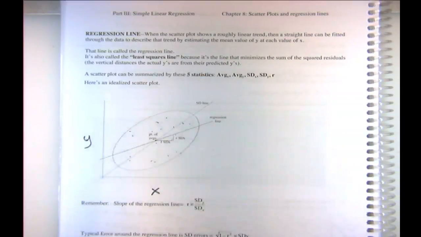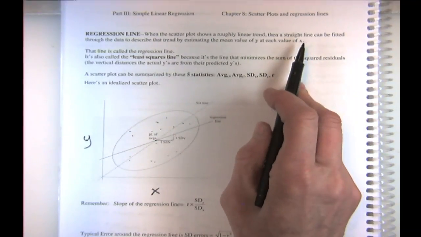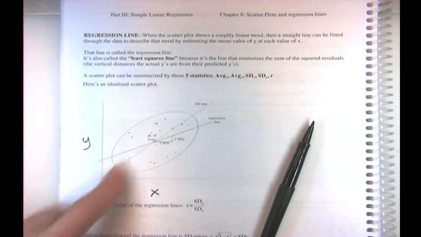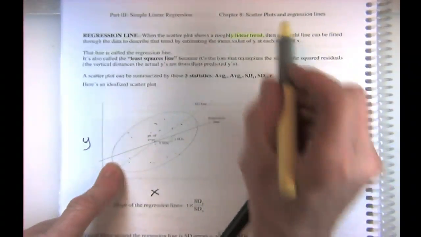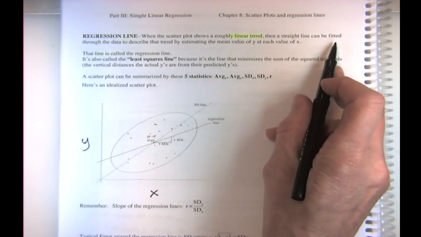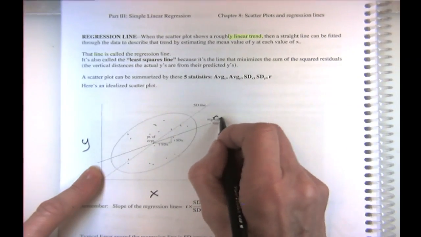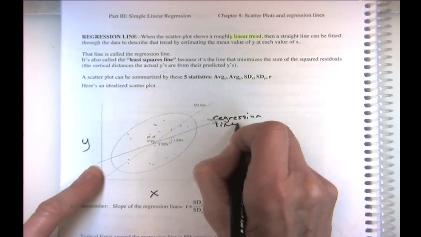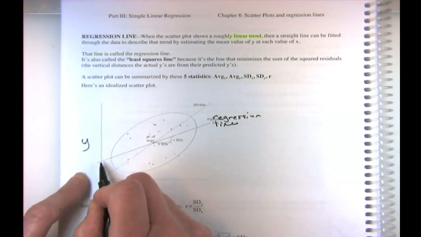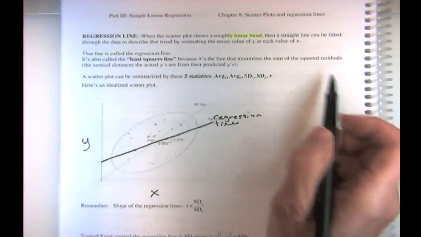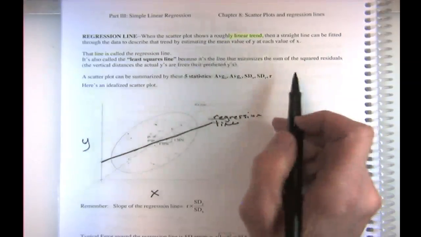And when the scatter plot shows a roughly linear trend like that, then a straight line, here's the regression line, a straight line can be fitted through the data to describe that linear trend.